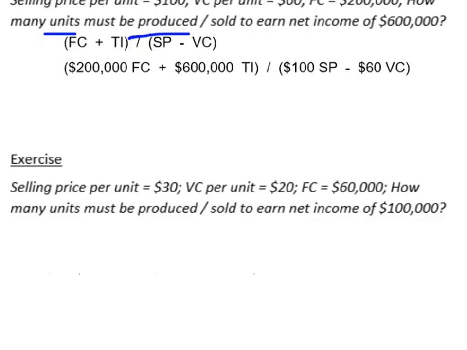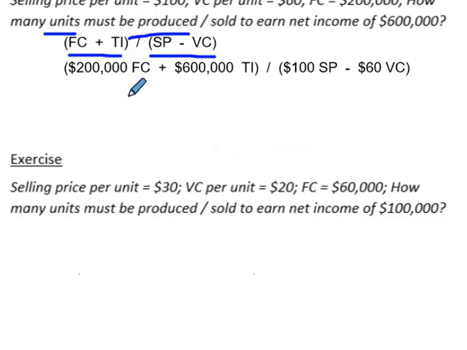So again, we can take our formula from the previous page, which is we have to cover our fixed costs plus our target income. And we have to cover that with our unit contribution margin. And that's our selling price minus our variable cost.